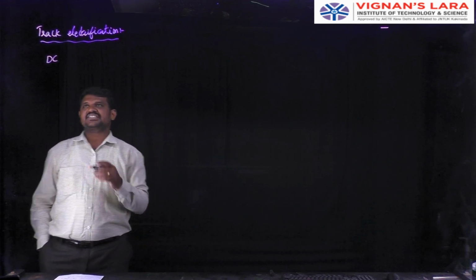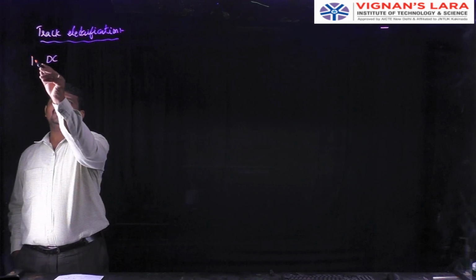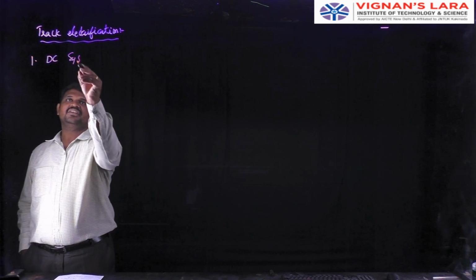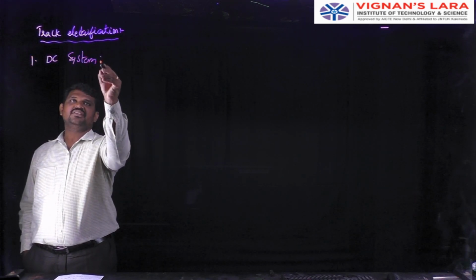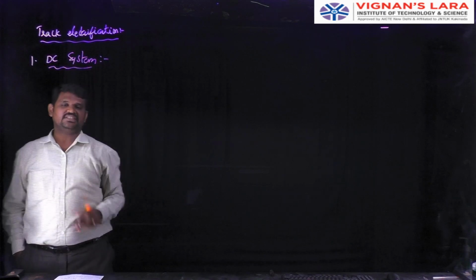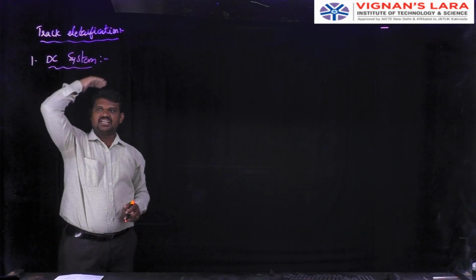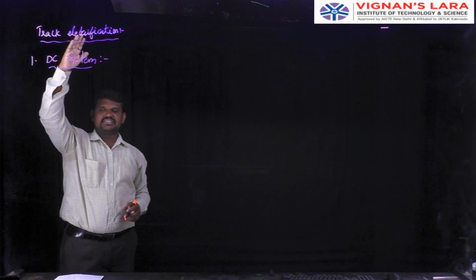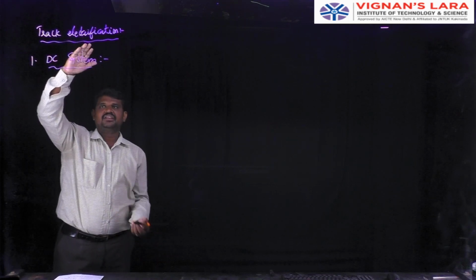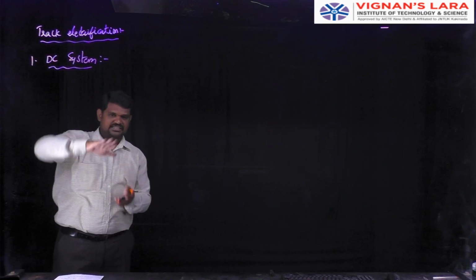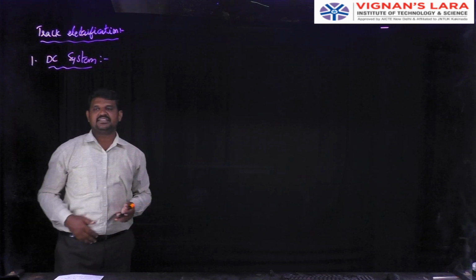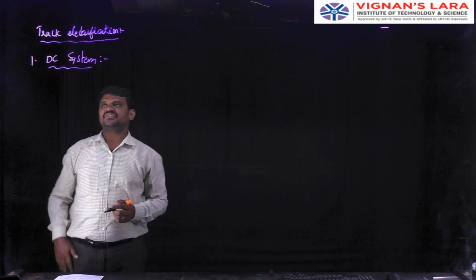In traction systems, we use the DC system. DC system means by using a single conductor, we give the supply, positive or negative, to the conductor, and the track is used as the other conductor, so one conductor is sufficient for DC.